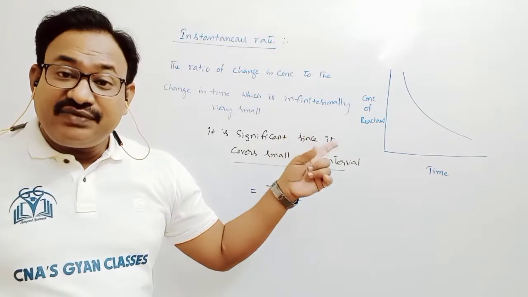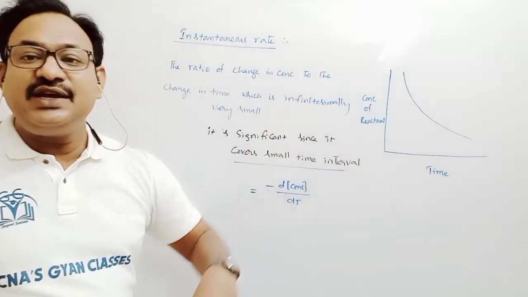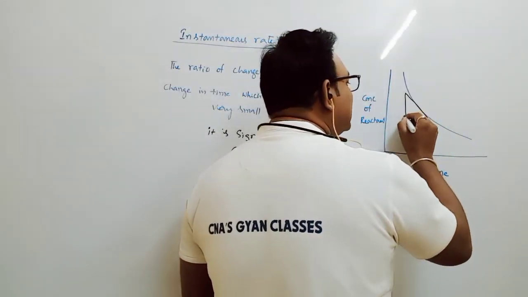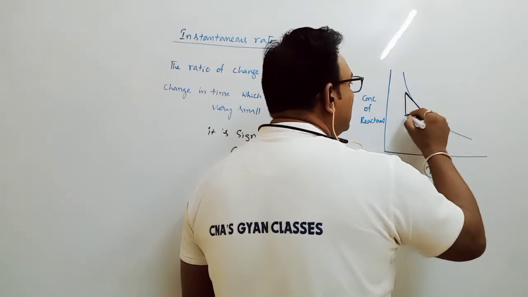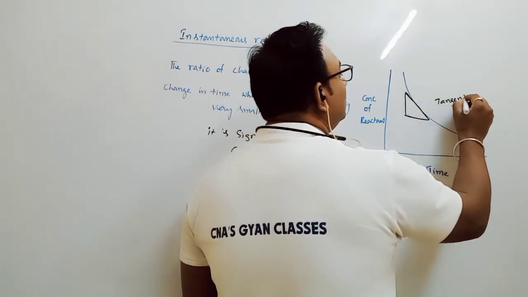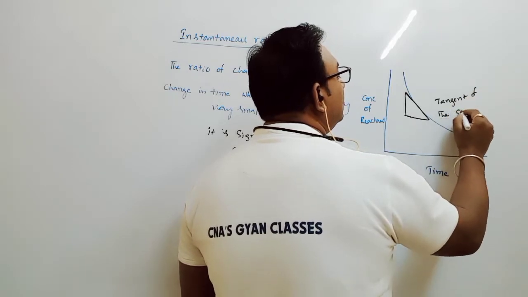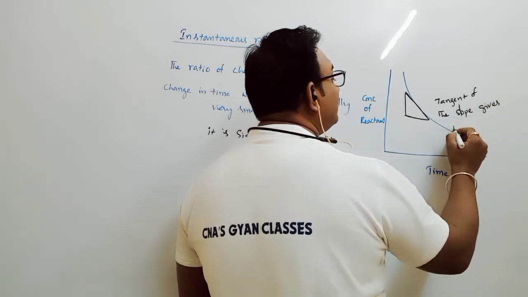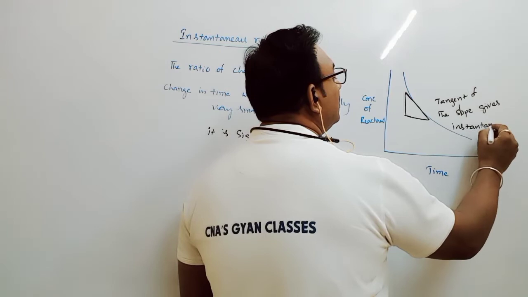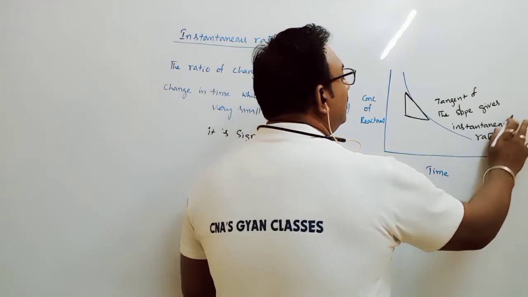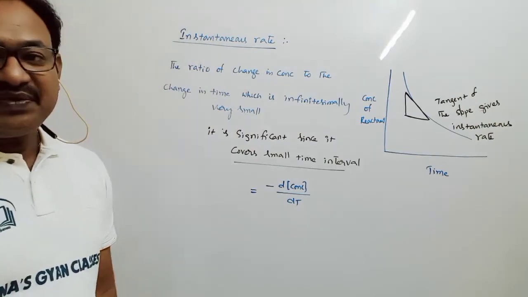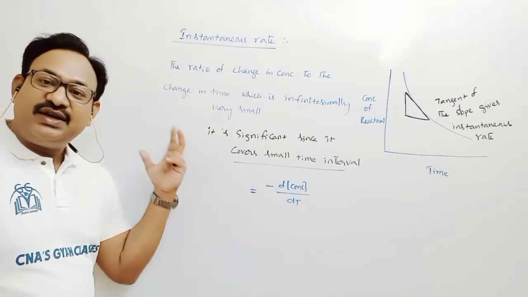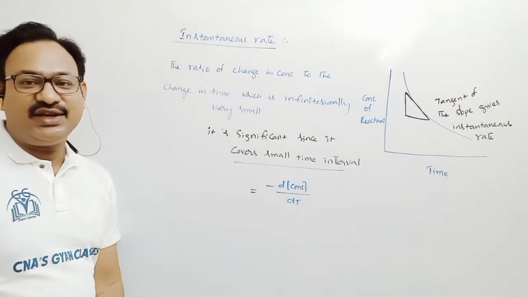Now the tangent, the slope of the tangent, gives the instantaneous rate of the process. Have you understood? So this is the average rate as well as the instantaneous rate.